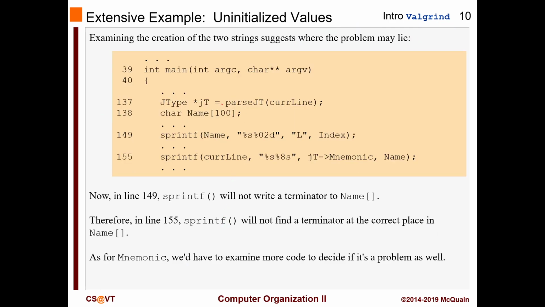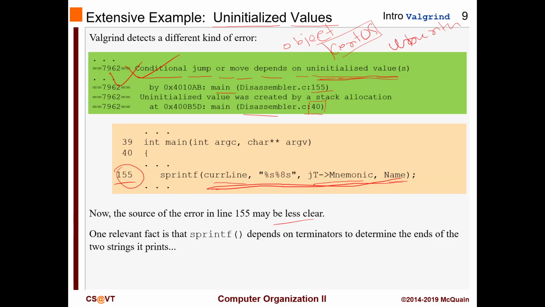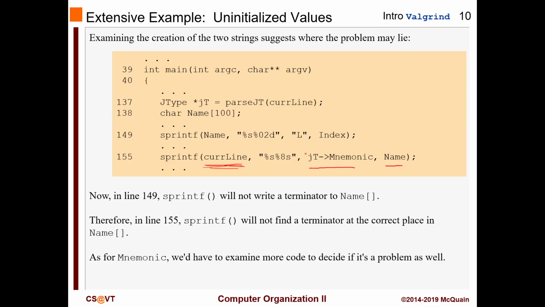So let's take a closer look at the code and try to figure out why it happened. Over here we have two variables, JT mnemonic and name. We are trying to write over here, so we know that it's not the problem we are looking at, because it says that it's going to be a problem with uninitialized values. So we have two other values, JT mnemonic and name. Let's see where they were made, if any changes were made on them.